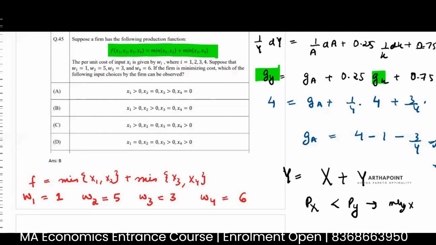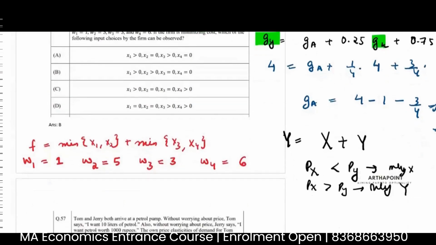If the price of x is greater than the price of y, only input y. So whether I will use input x or y or both will depend on which price is lower when they are getting added together. And when they are in a min function, they have to be used together. They are complementary goods. Here they have combined the two things together.